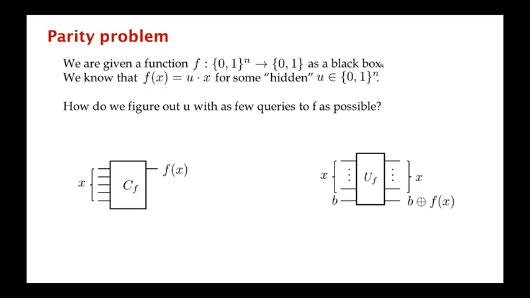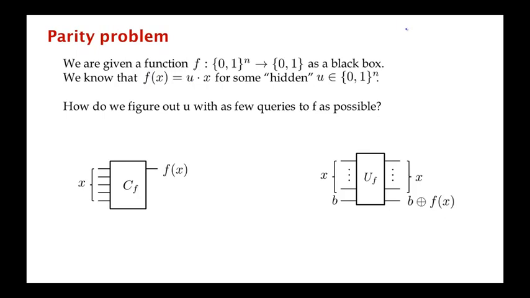Now, we are also told that this function f has a very special property. All it is is a parity of some subset of the bits. So it's of the form u dot x for some hidden u, which is an n-bit string.